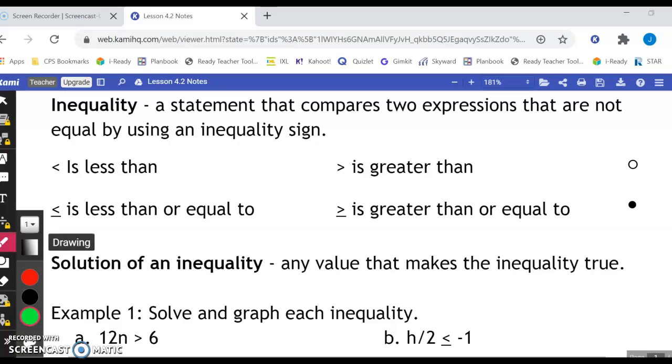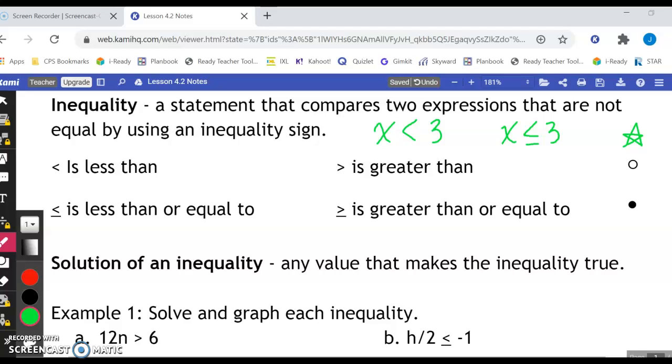So for an example, if we had x is less than 3, that means 3 is not included in our answer. So anything smaller than 3. But if I wrote x is less than or equal to 3, that means we are including 3. Then over here, if it's just less than or greater than, no underline, when we graph them, we're going to leave an open circle.